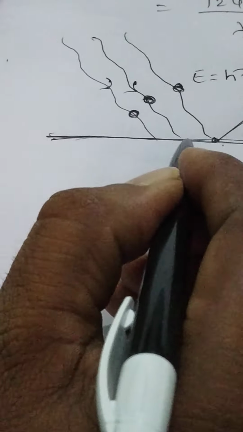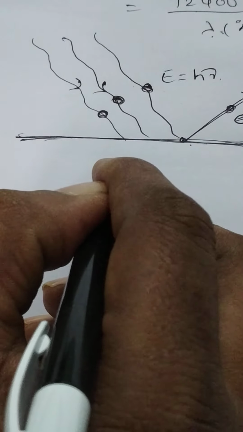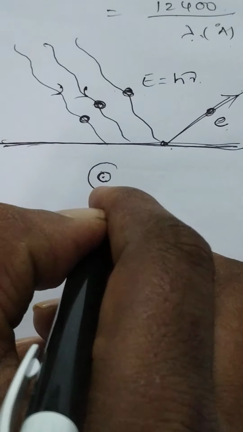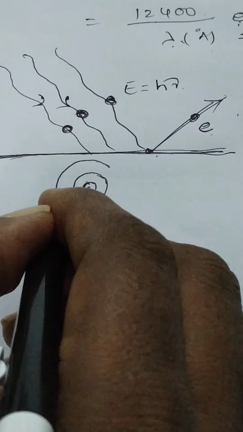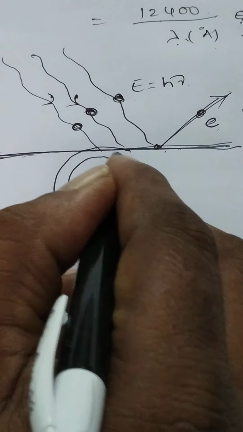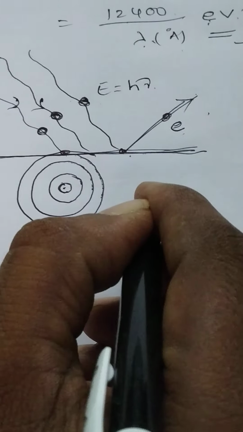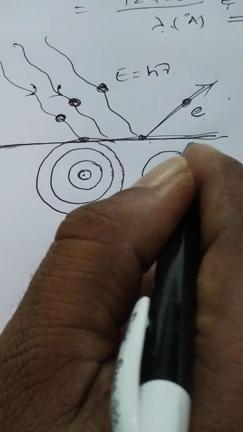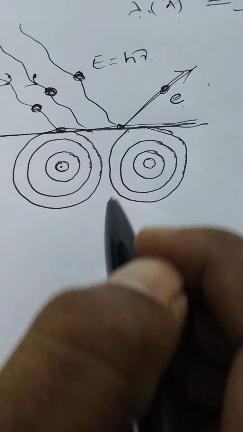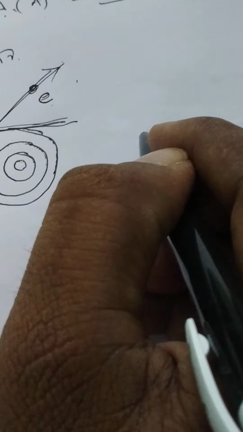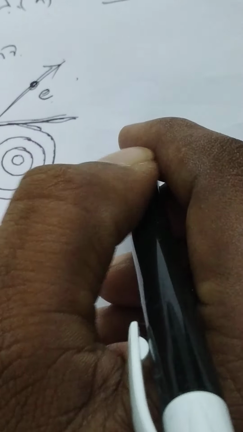Again, this is a metallic surface. This metal has a large number of atoms. Let this be an atom. This is the nucleus. Around the nucleus, electrons are revolving in circular orbits, and this is the valency state, and this is the surrounding atom. Here also this is the valency state. The best examples of photometals are first group elements like sodium.